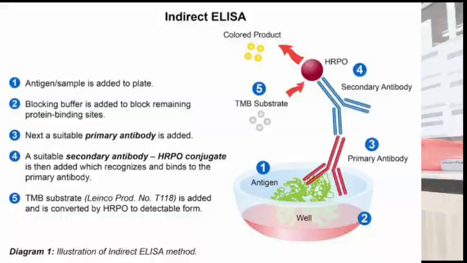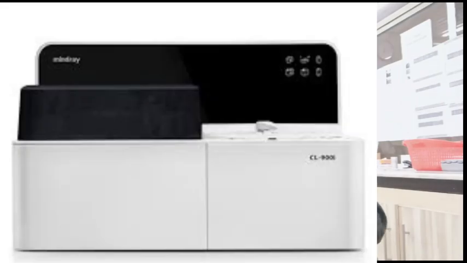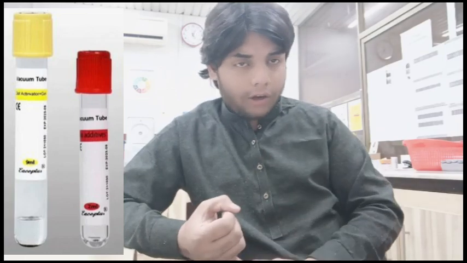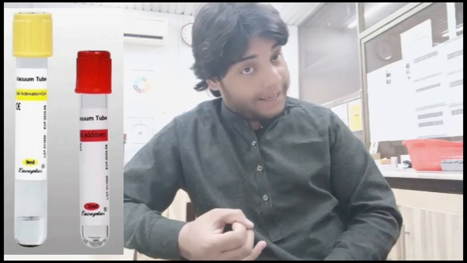This test can be performed using the ELISA technique, and we can also perform it using a fully automated machine. First of all, you have to take the patient's blood and collect 3 or 5 ml of blood in a red top or gel tube.